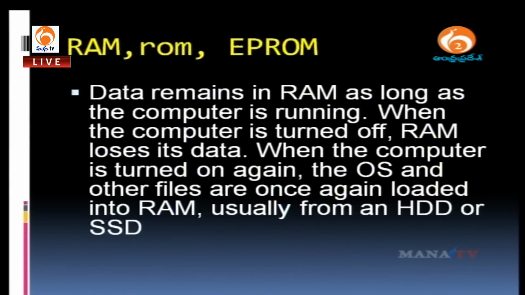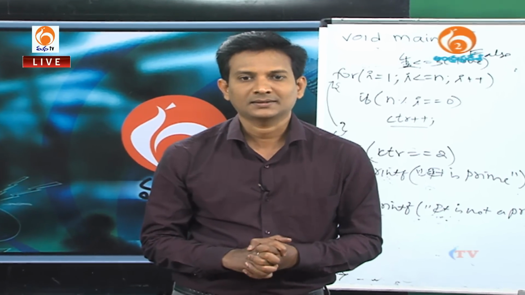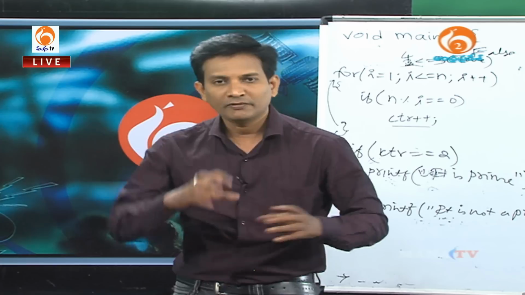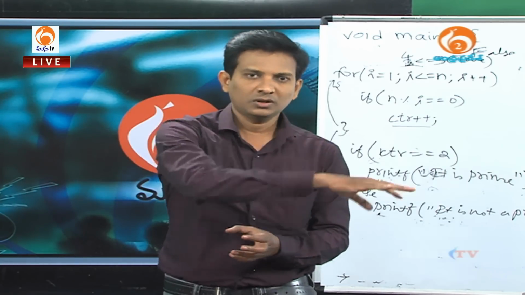When the computer is turned off, when your device is switched off, all the data and applications in RAM will be lost, but no problem, the data and applications reside in your hard disk. When the computer restarts or is turned on again, the operating system will load them from the hard disk into your RAM.